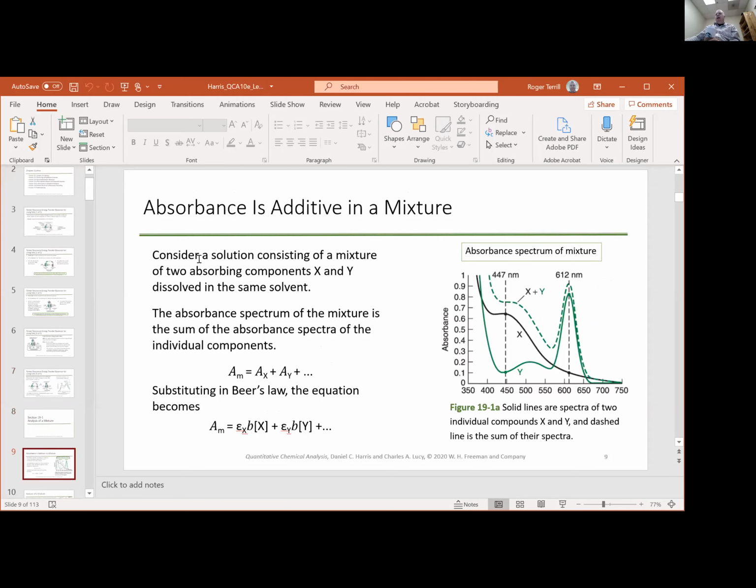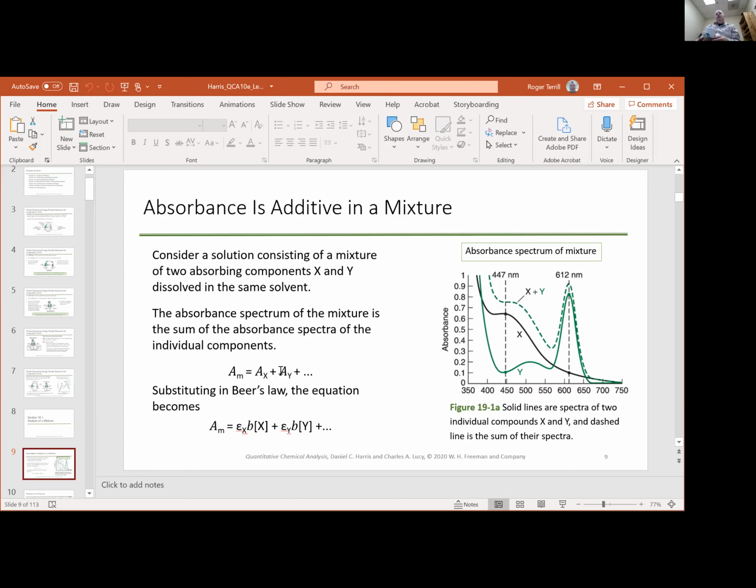So here is a mixture analysis, right? If you have simply a mixture of two non-interacting things, just two different things, X and Y. This could be, for example, toluene and acetone, and we're going to give that a try later on this semester, right?